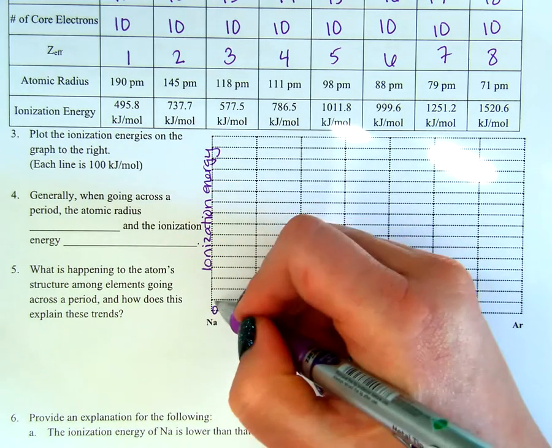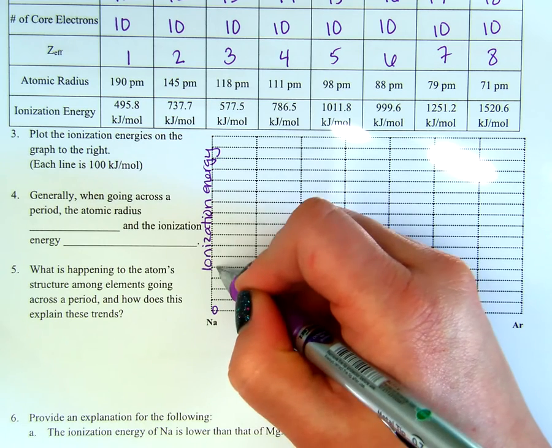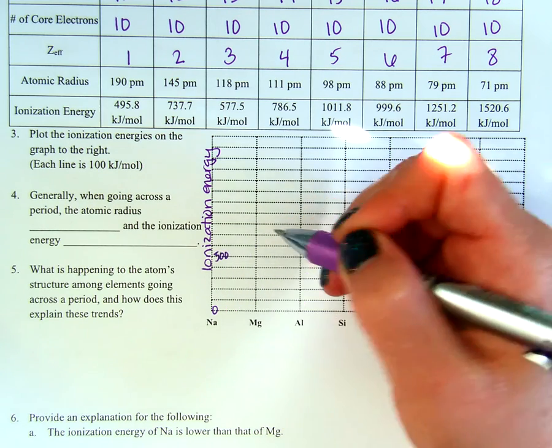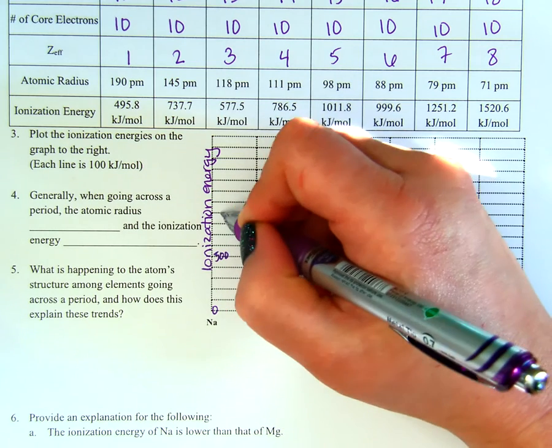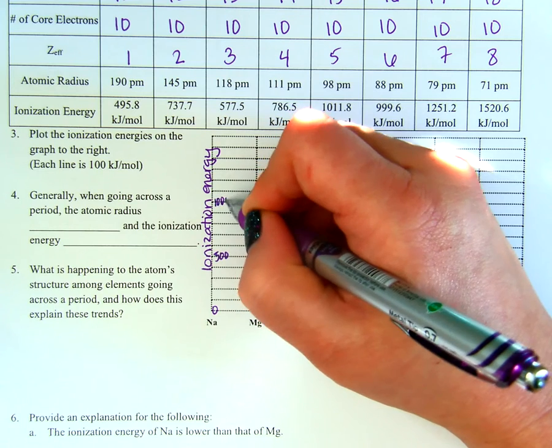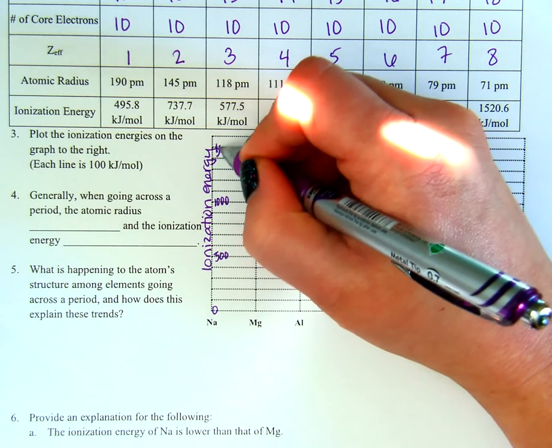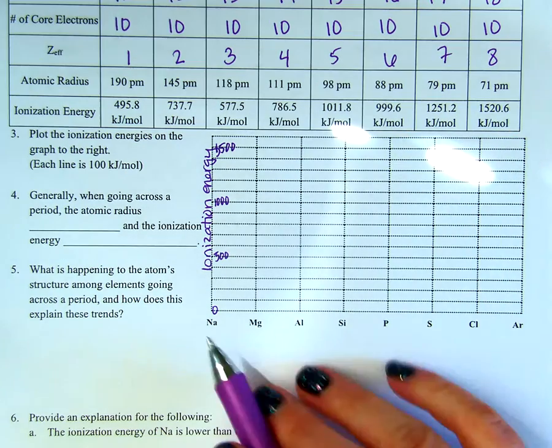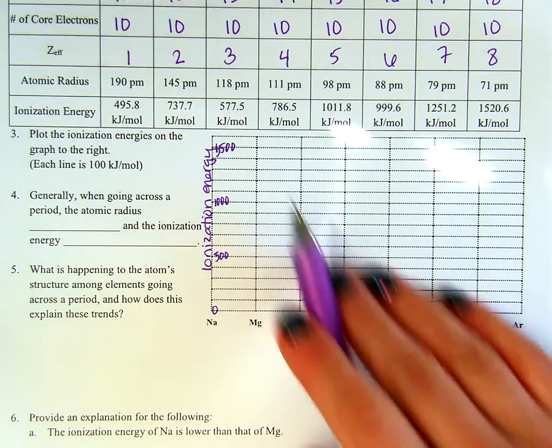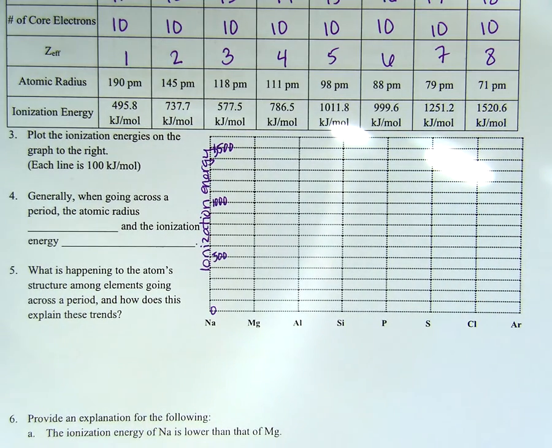And let's say 100, 200, 300, 400, 500 here. 6, 7, 8, 9, 10, so 1,000 there. 1, 2, 3, 4, 5, 1,500 there. Okay, so please pause the video now. Go ahead and plot these points and then come back to check your work.